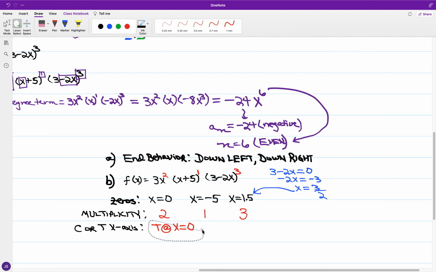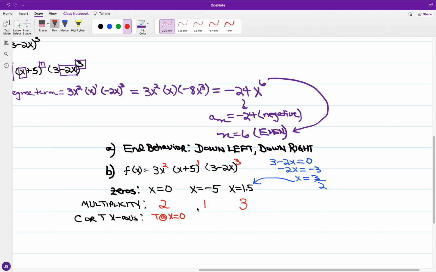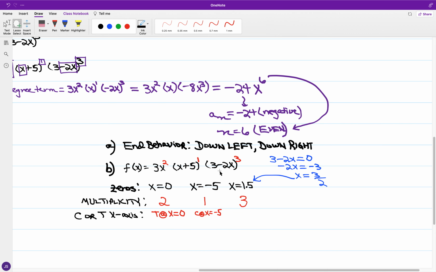And negative 5 has a multiplicity of 1, and with 1 as an odd number, it's at x equal to negative 5 that the graph is going to cross. And then with the remaining zero, at 1.5 we have the multiplicity at 3, and 3, like 1, is an odd number, so at the zero value of 1.5 or 3 halves, the graph is also going to cross. So crossing at x equal to 3 halves, or again 1.5.